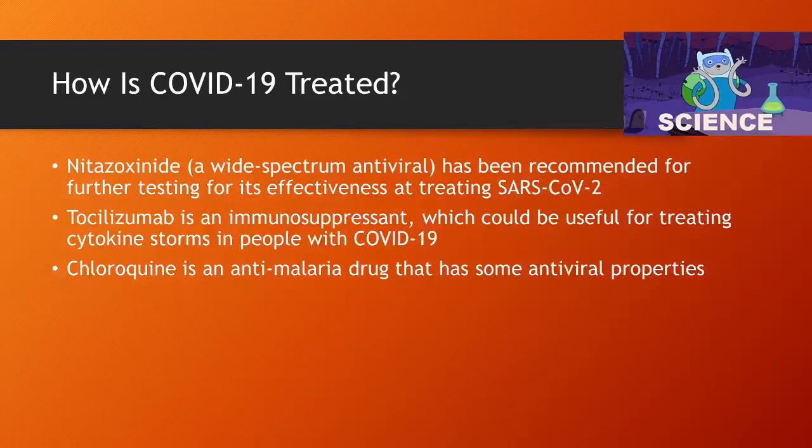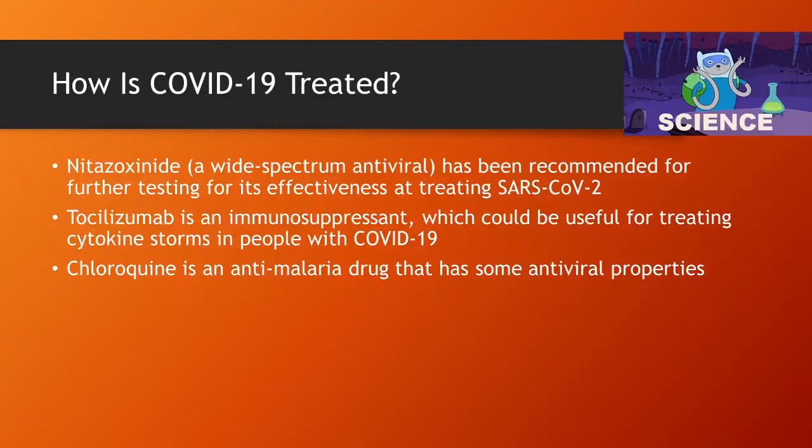Chloroquine is an anti-malaria drug that has some antiviral properties. You may have heard of this from the news because Trump was saying this could be a game changer. Then it started going off the shelves and people started taking it and overdosing. It's still in trial for its effectiveness against COVID-19.